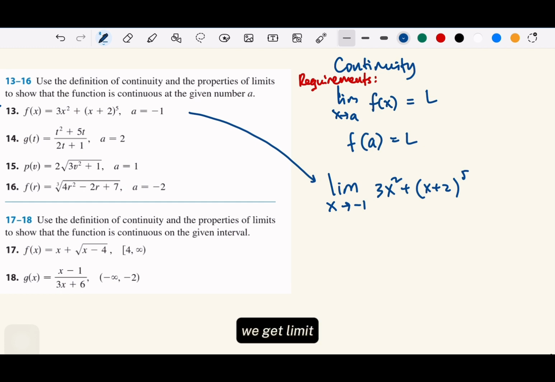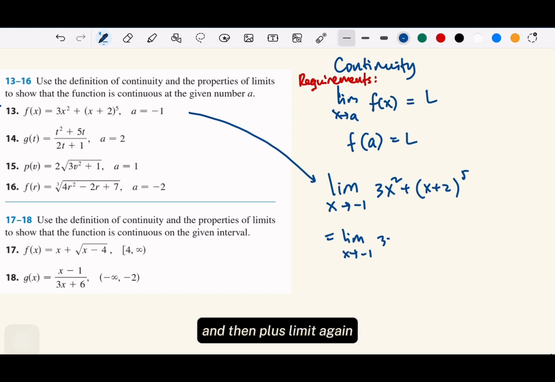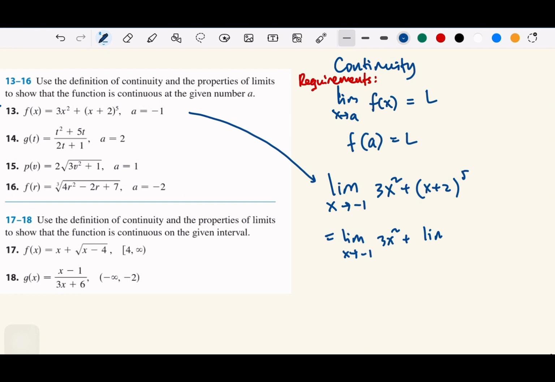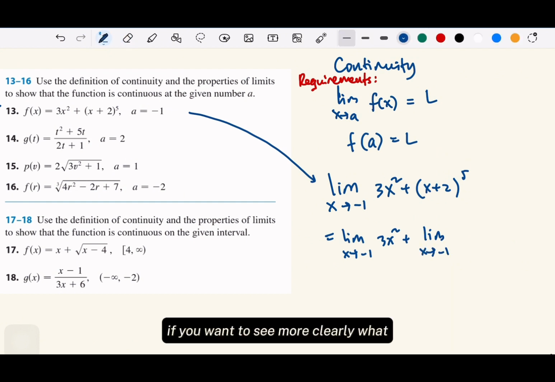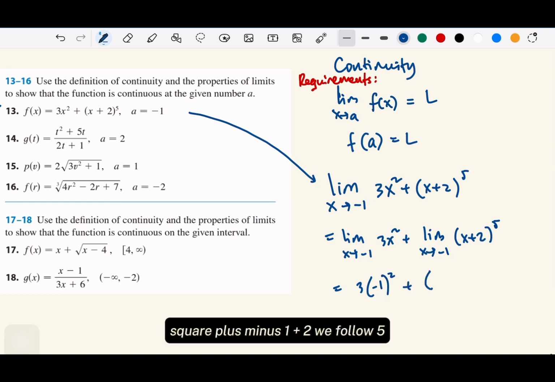So we get the limit, or if you want it to be complete, let me express it with the 3x squared and then plus limit again. If you want to see more clearly what the calculation will be, this will be 3 times (-1) squared plus (-1) plus 2, with power of 5.